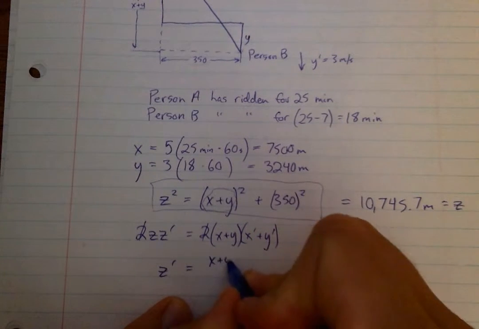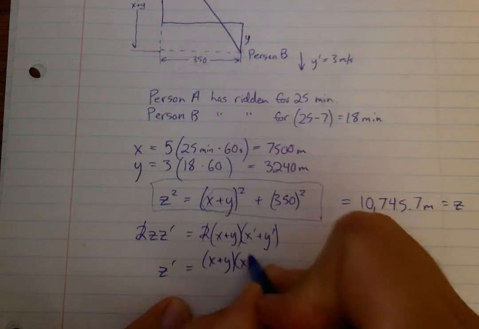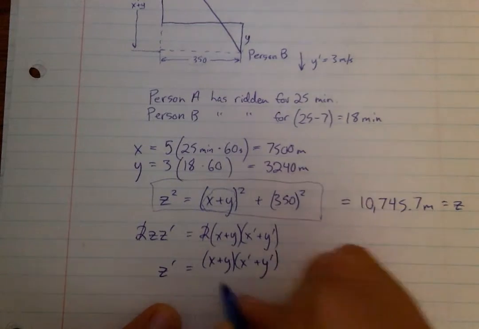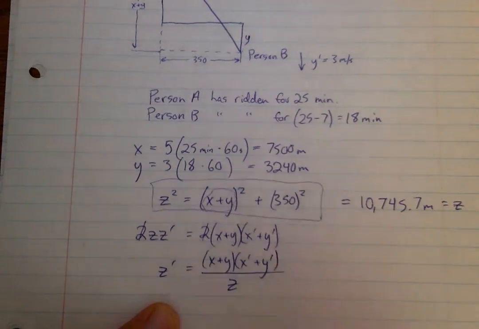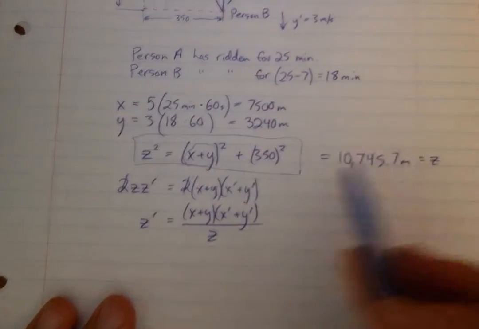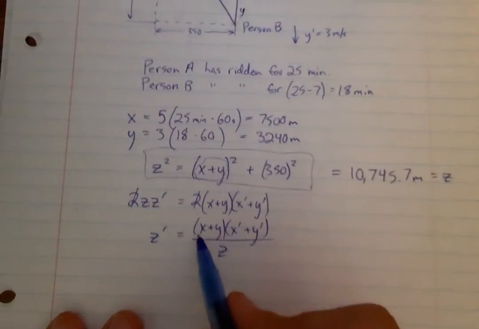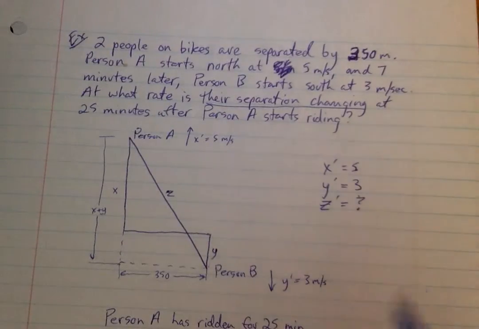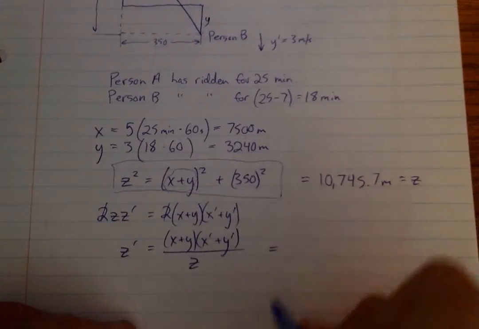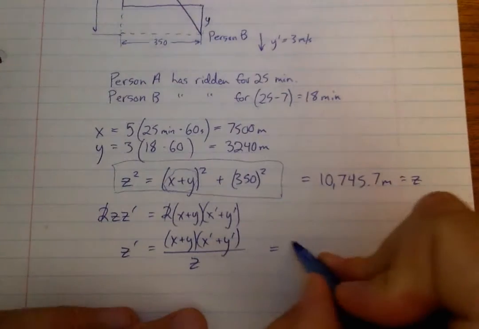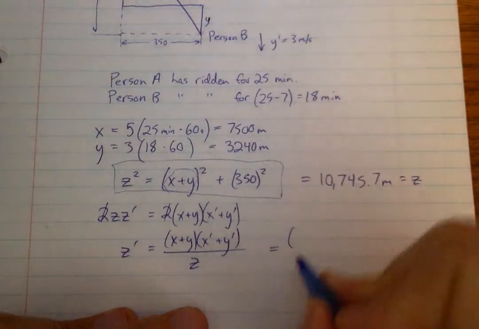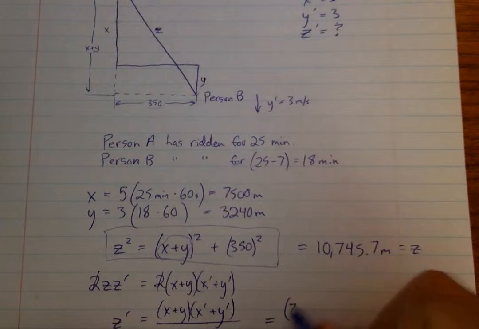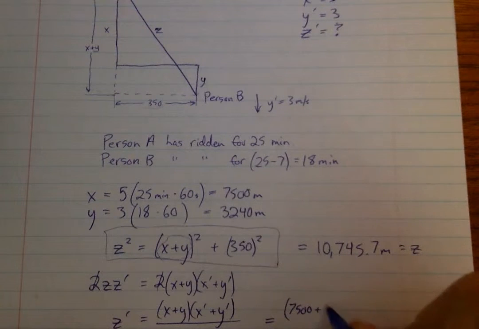We have (x plus y) times (x prime plus y prime) over z. We know what z is. We know what our x and y are. And we know what our x prime and y prime are. So we plug all those in, and it'll look like this. So x and y was 7,500 plus 3,240.